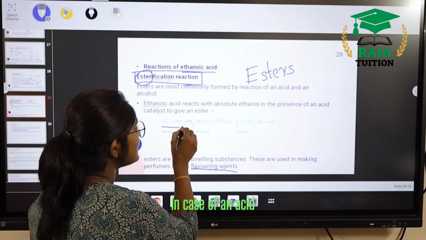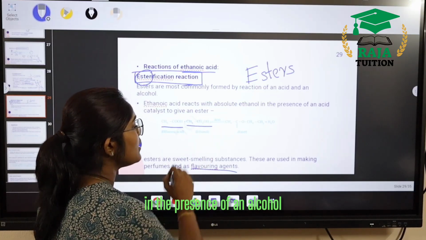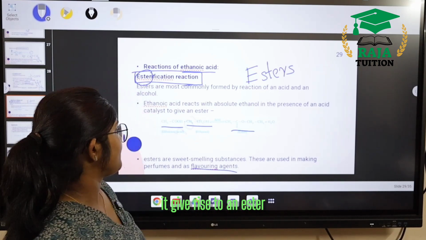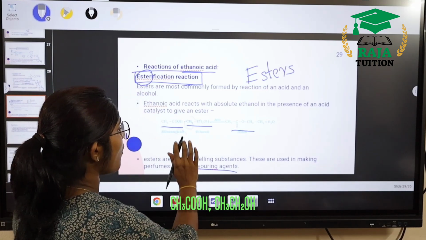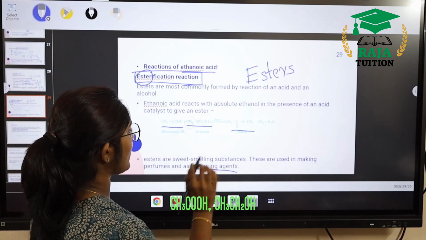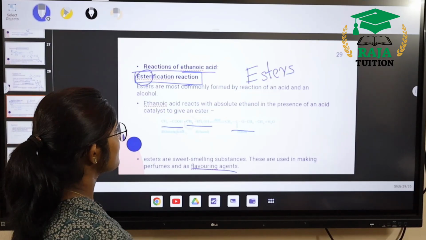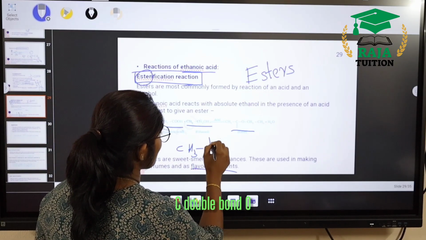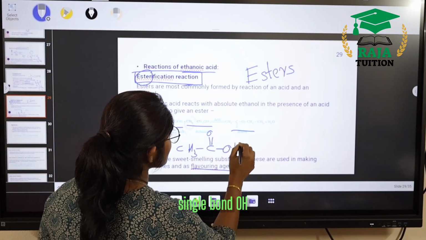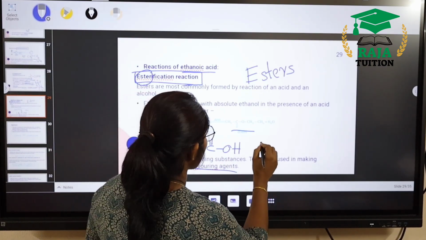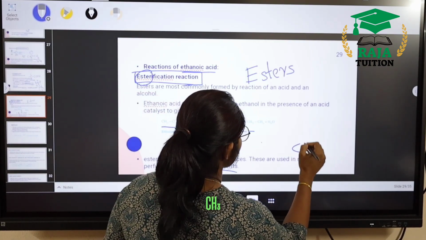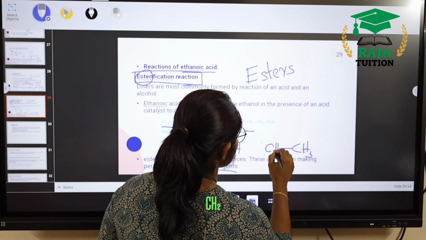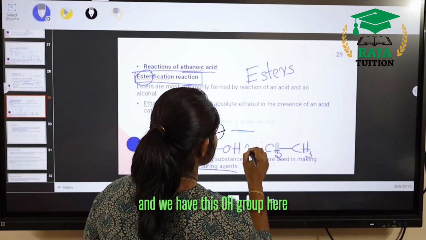An acid, in the presence of an alcohol and in acidic conditions, gives rise to an ester. CH3COOH and CH3CH2OH. What happens here? CH3, C double bond O, single bond OH, and CH3CH2 with the OH group.